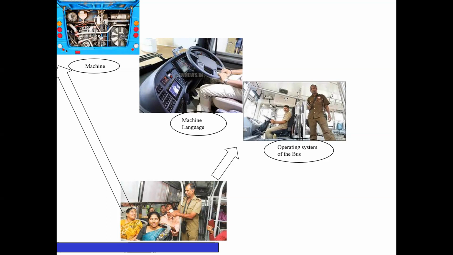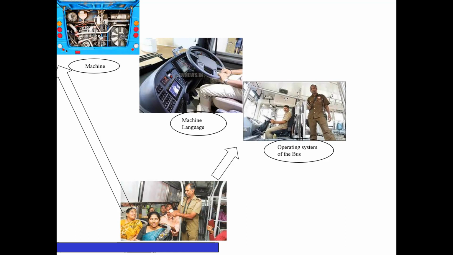Instead, you communicate with the conductor, and the conductor, in a coded form, communicates to the driver. This coded form of communication is very fast: a single bell and double bell.